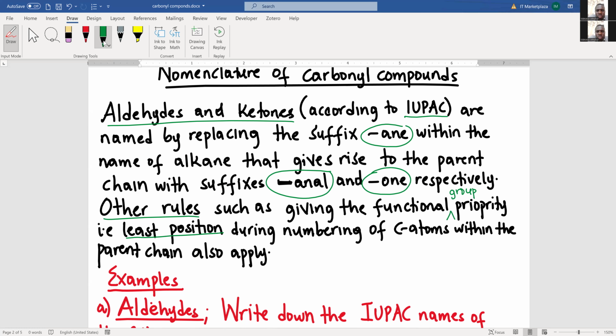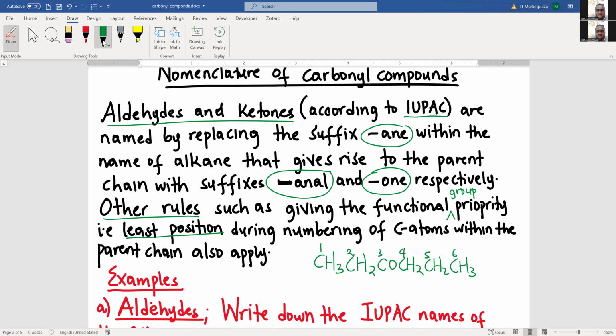What do I mean? If, for example, I have CH3, CH2, CO, CH2, CH2, CH3, I number the carbon atoms. This is 1, 2, 3, 4, 5, 6, from my left to my right.